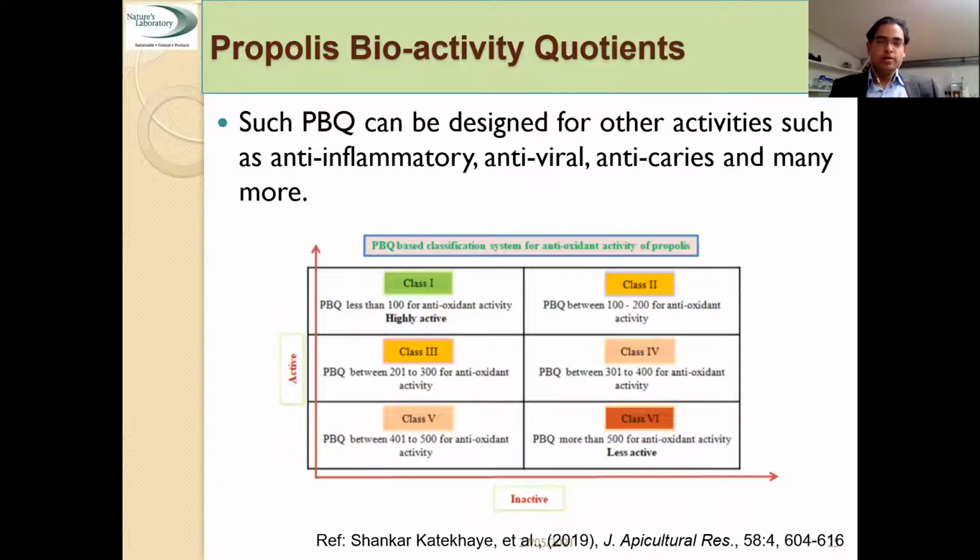So in a review published in the Journal of Apicultural Research, we proposed a classification system for propolis by using PBQ as a parameter to classify how active your propolis is as an antioxidant or antimicrobial. Just for example, if the PBQ is less than 100, then you can class it as class 1, highly active propolis.